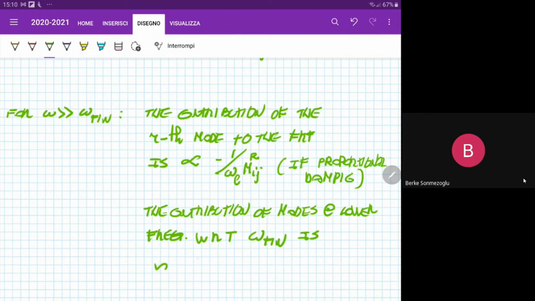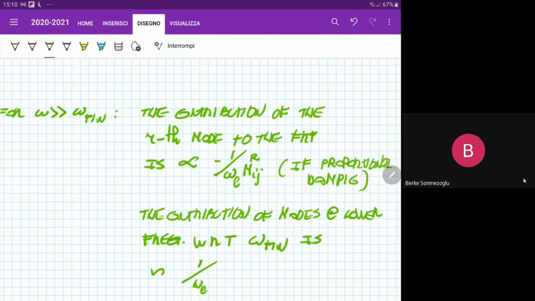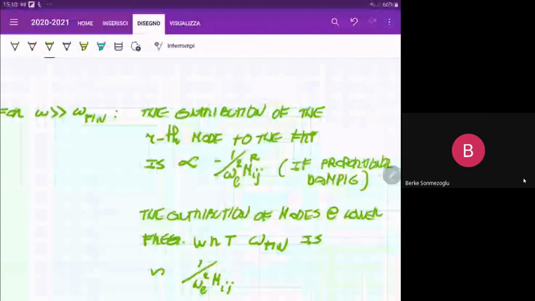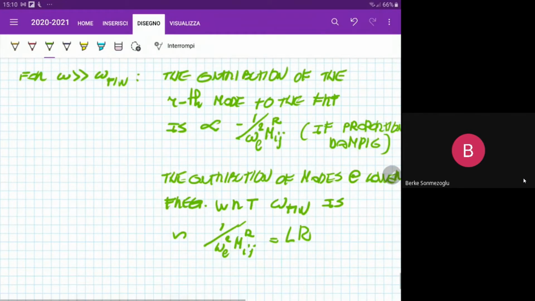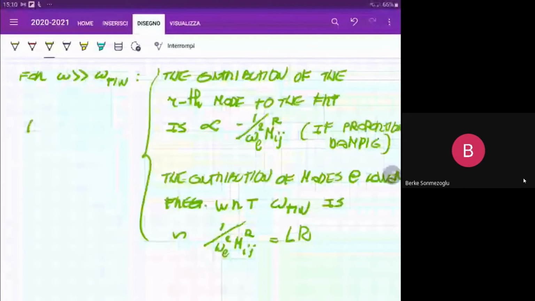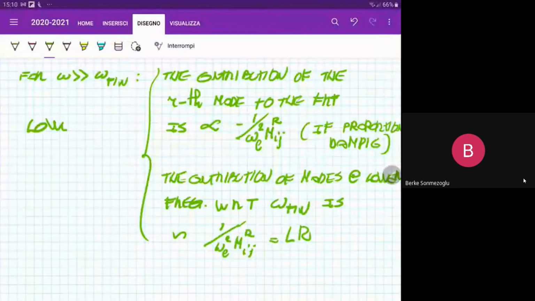So it's 1 over omega squared, I forgot the square there and here, M_ij R. And these are called the lower residual terms.